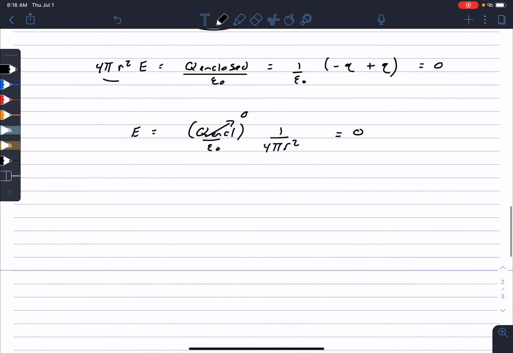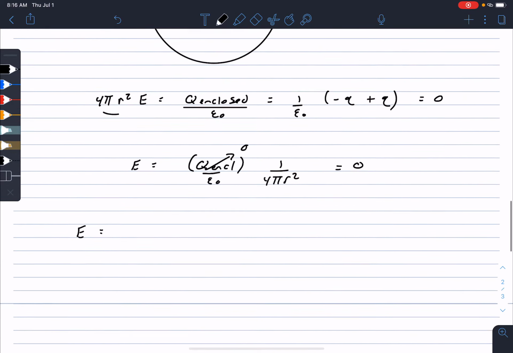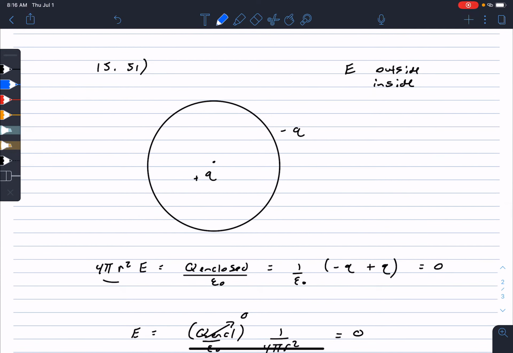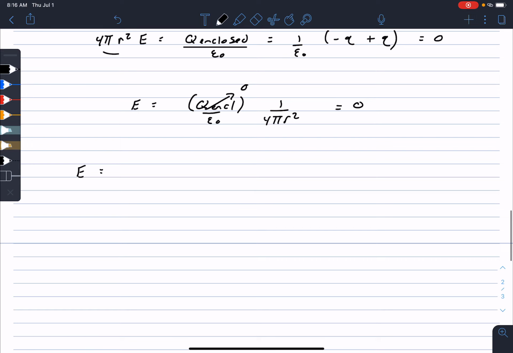Okay, next, inside is a little different. Inside the shell, total charge enclosed is going to be positive Q. So then we go 1 over 4 pi r squared times Q over epsilon naught.